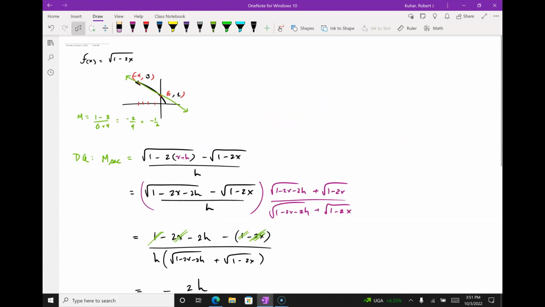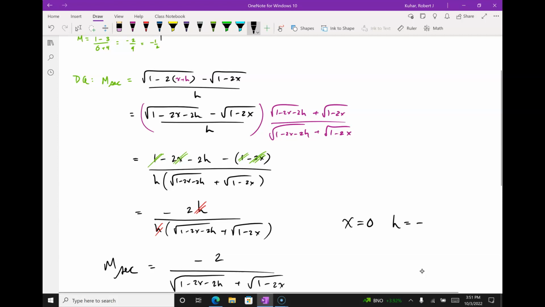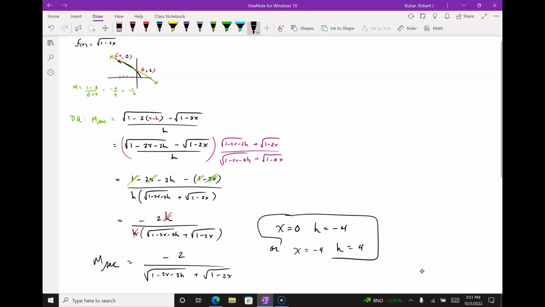We're using 1, 0, 1, and -4, 3. I know that's fast. Anybody get the difference quotient already?